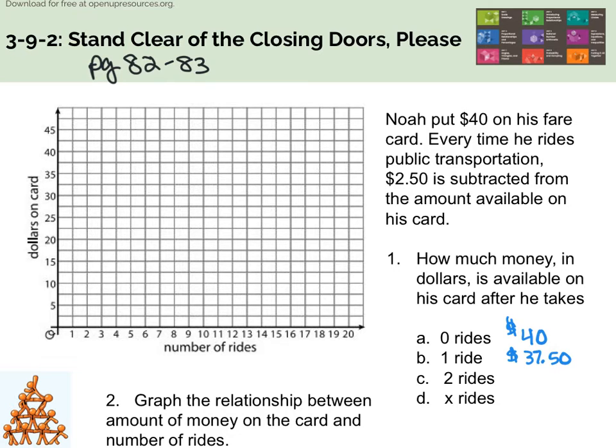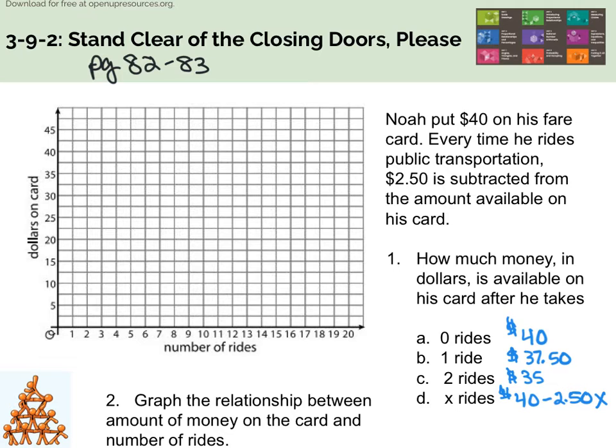Let's figure out 2 rides. Let's take off another $2.50, and he'll have $35. And let's think about it: what are we doing to make this happen? We're taking the $40 and subtracting off the $2.50 every time he rides.